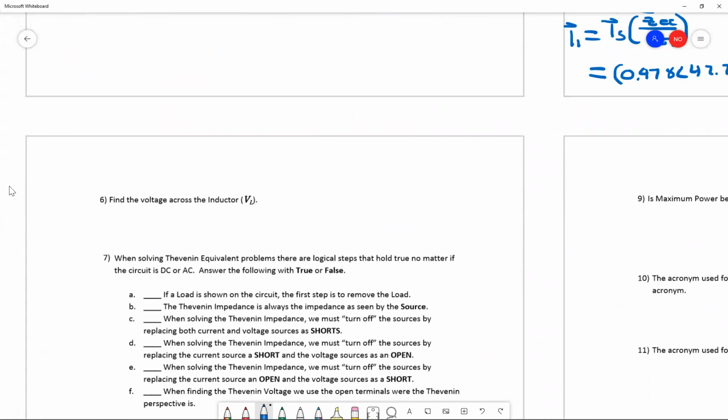We're going to be using Ohm's law. The voltage of the inductor is equal to the impedance of the inductor times its current, which is current 3.